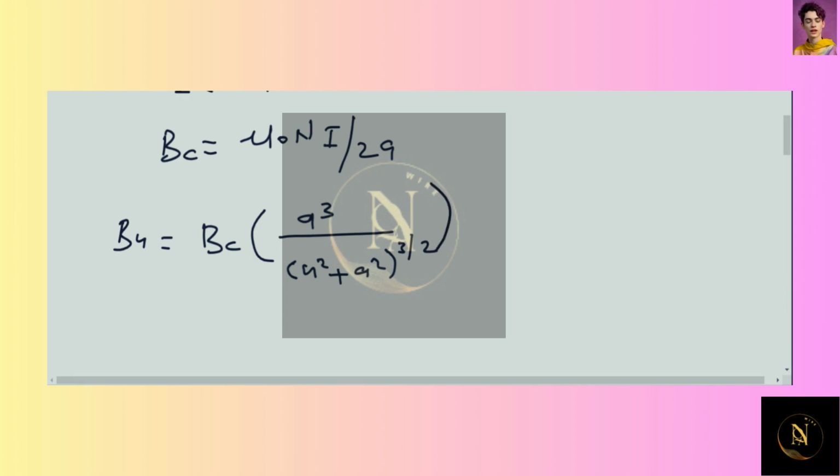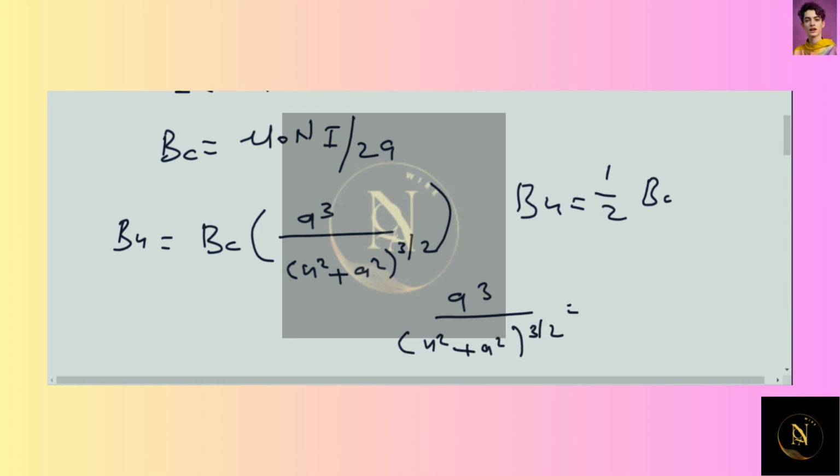Now, we need to find x such that the magnetic field at x is half of the magnetic field at the center, and therefore B along x is equal to half of the magnetic field at the center. Comparing, we have a cube divided by (x square plus a square) to the power 3 by 2 is equal to 1 by 2, right?